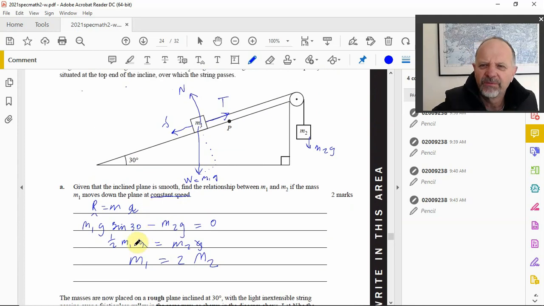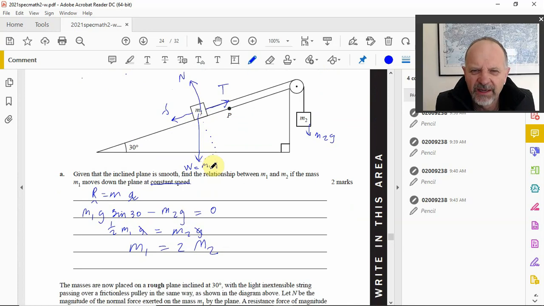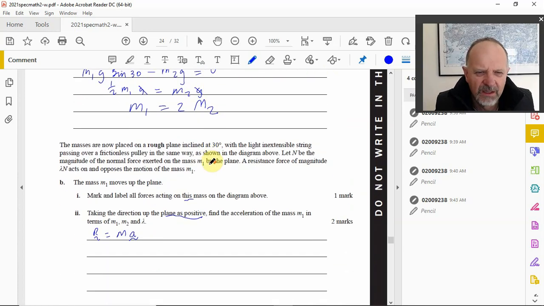So what have we got? We've got this mass here pulling down, so that's in the positive direction. The friction force is in the negative direction, and this component down here of the weight force is also in the negative direction.